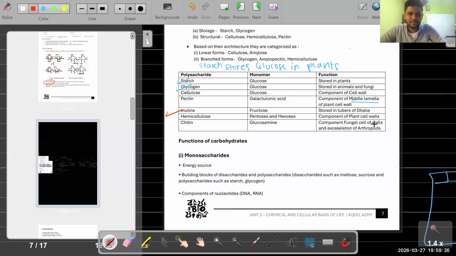Now, in the paper, they won't be asking orally, right? So you can write it in any way, but the spelling should be correct. Yes, it is a compound of the fungal cell wall. The fungal cell wall is made up of chitin, and also the exoskeleton of arthropods. This word is not new to you all. You have come across this in your O levels. Can you remember? Exoskeleton.